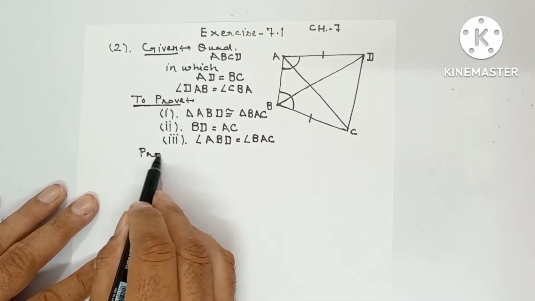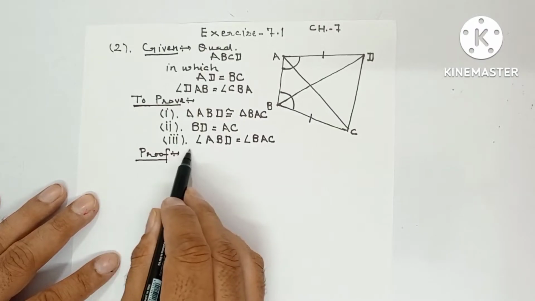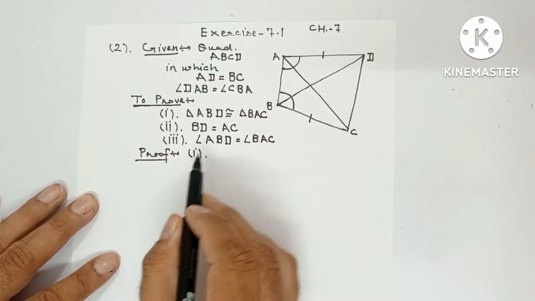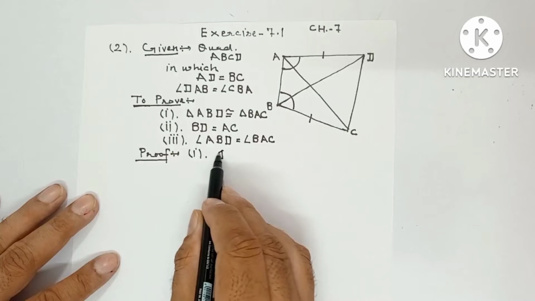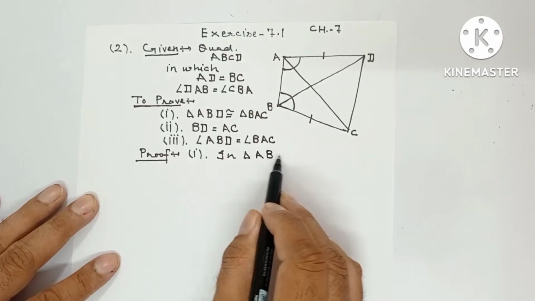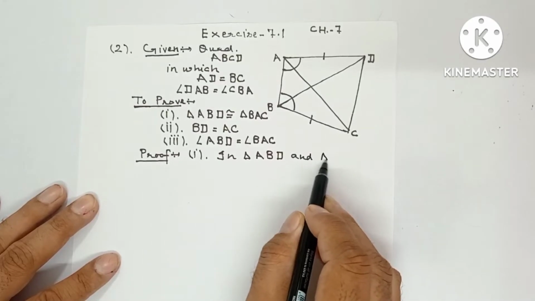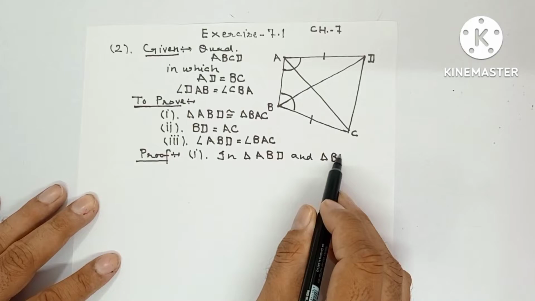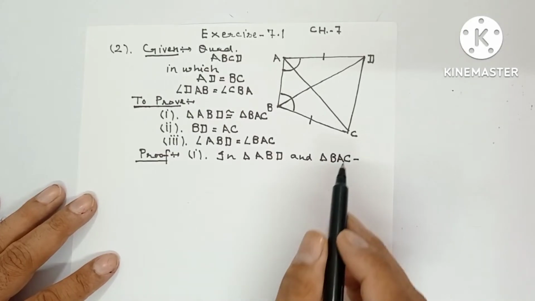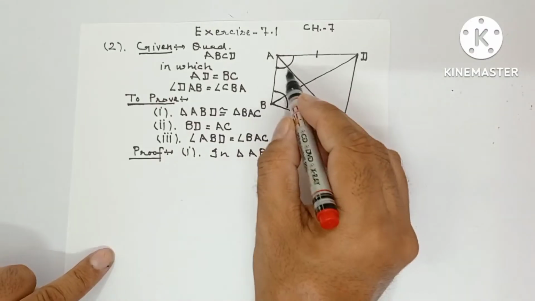Proof. Part number 1. In triangle ABD and the other triangle BAC. So which one is triangle ABD?